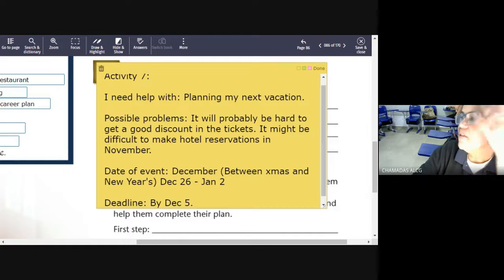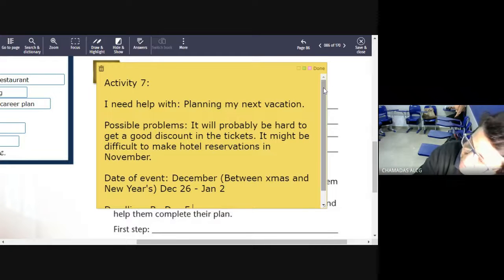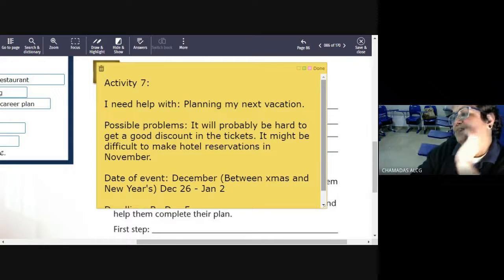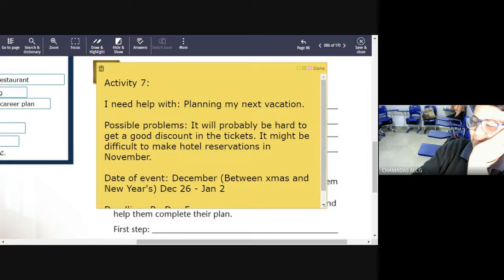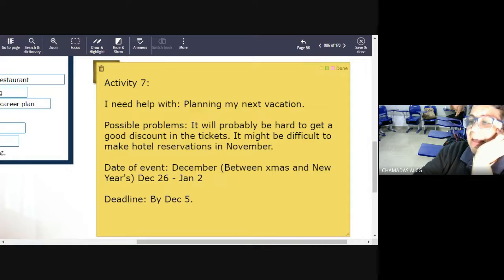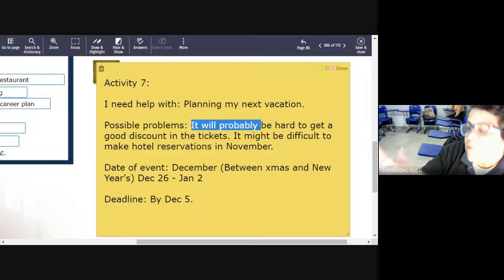Okay, guys. So this is more or less a plan for a vacation, let's say a week in December in the Northeast. So, all right, guys. If you want, you can take a picture and see what we did in this plan and how we used the words we learned about possible problems we might have.